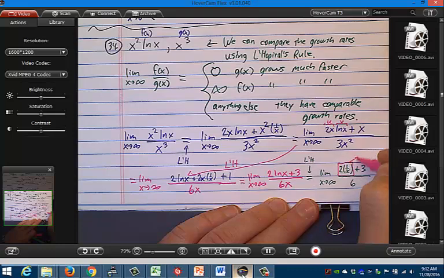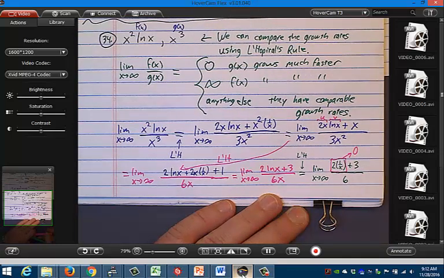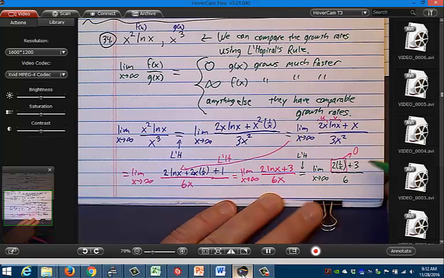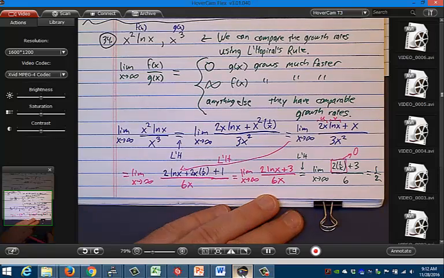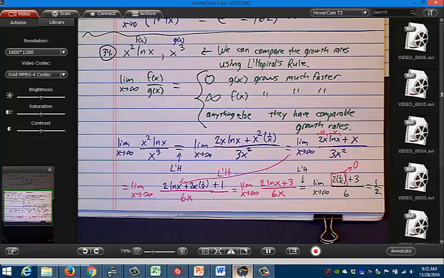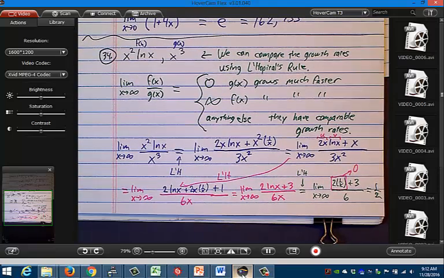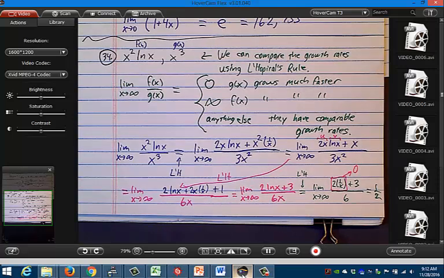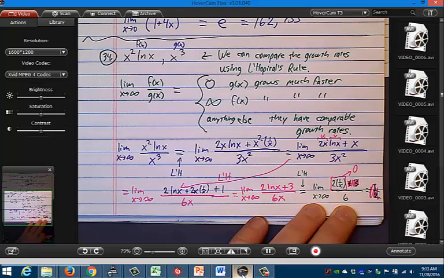And so I finally get that the limit is equal to 3/6, which is 1/2. So what did I learn? Oh, derivative of 3 is 0. You're right. Not so fast. So what do I get? I get 0 over 6, so I get 0.